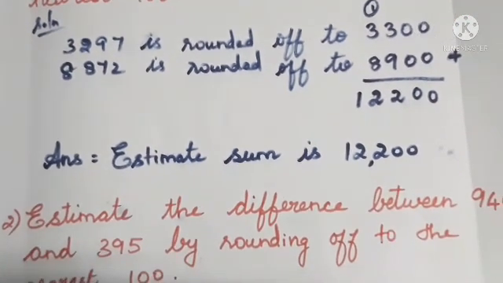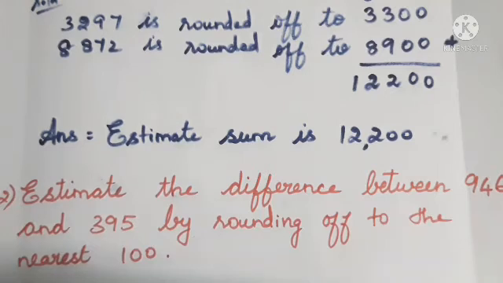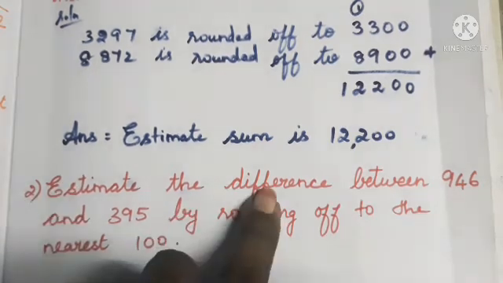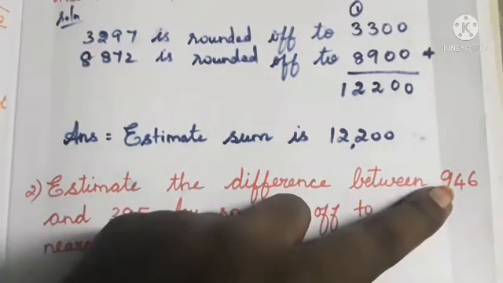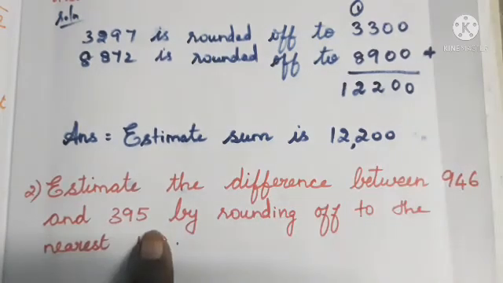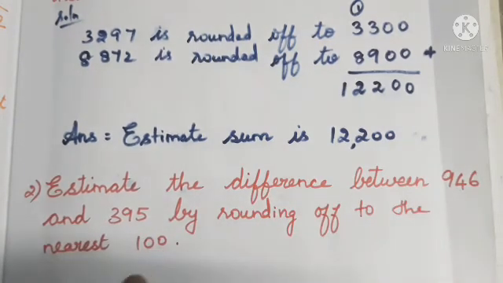Look at the next one. Here they are asked what? Estimate the difference. Difference means we know we have to find the subtraction. We have to minus the numbers. Estimate the difference between 946 and 395 by rounding off to the nearest 100.